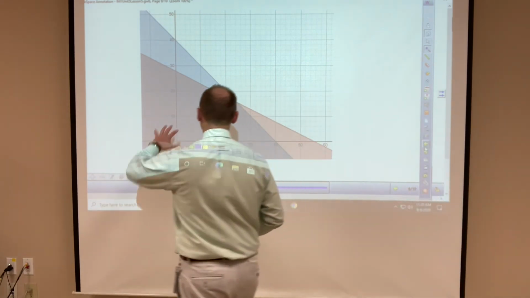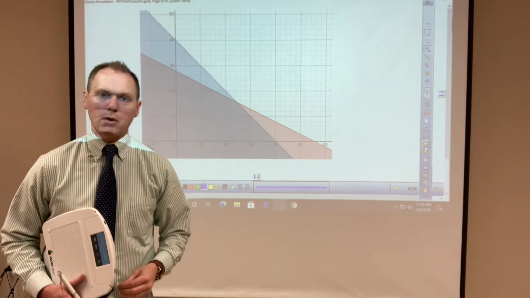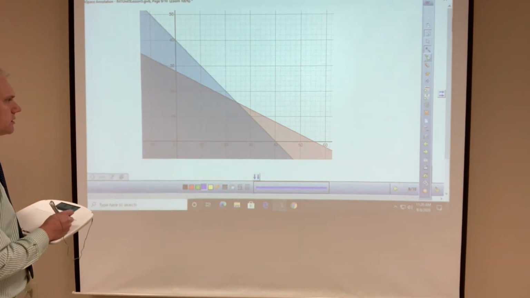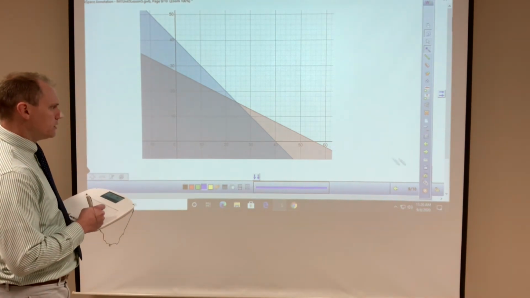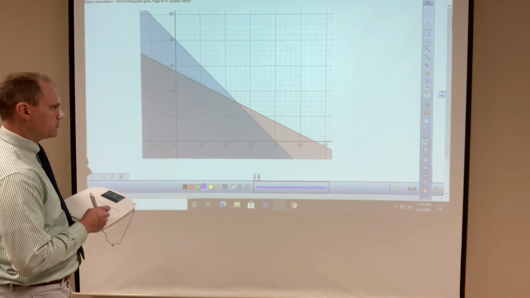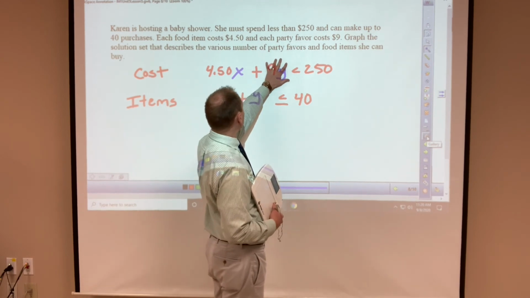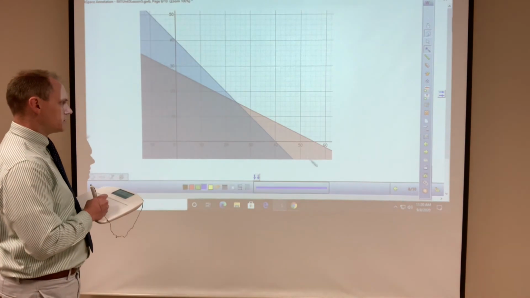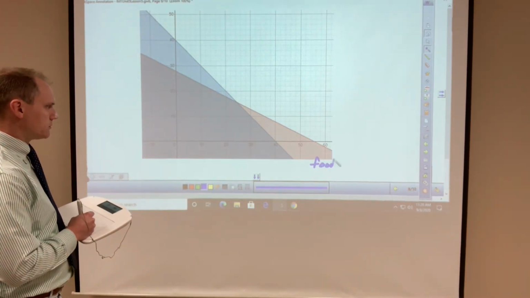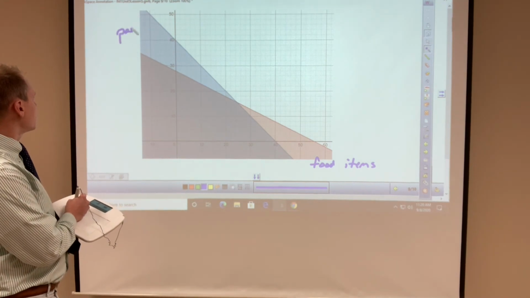So this overlapping region right here is where both are satisfied. By the way, if we divide by 4.5 to get that, that's going to be our X, which is food items, and this one is the party favors.